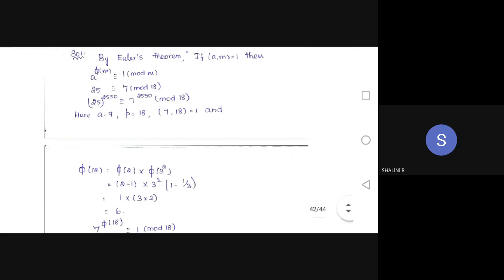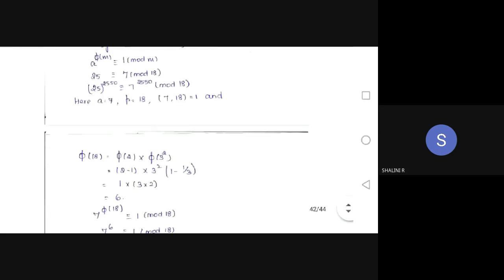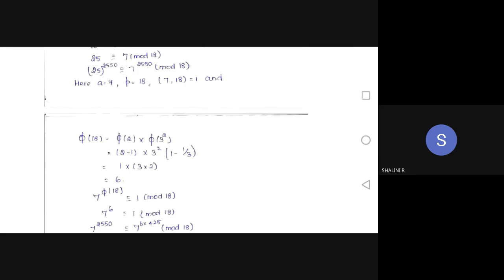So now by Euler's theorem, 7 to the power phi of 18 is congruent to 1 under mod 18. Phi of 18 was found to be 6. So 7 power 6 is congruent to 1 mod 18.